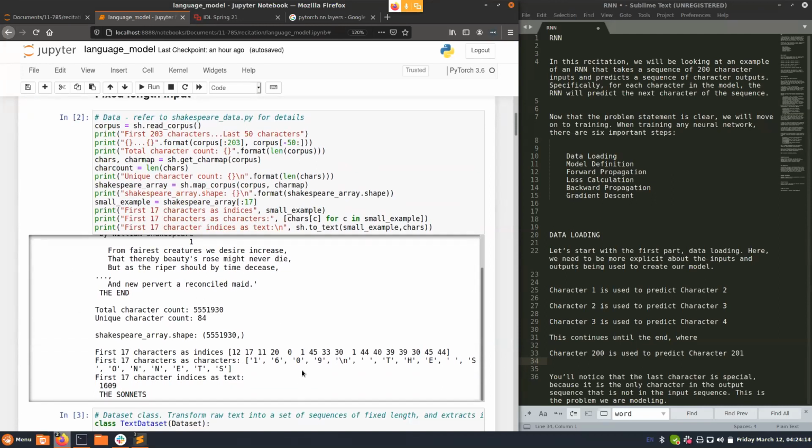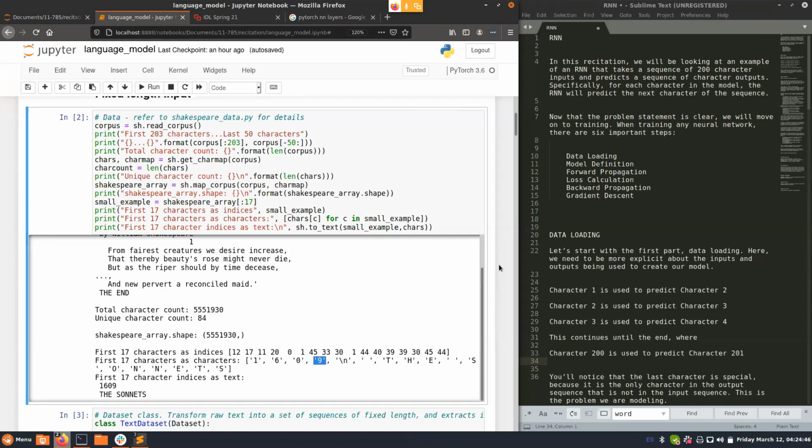For the first part, the data loading, just to reiterate the example, we'll take the first character and use that to predict the second character, use that to predict the third character, use it to predict the fourth, and so on until the end of the sequence.